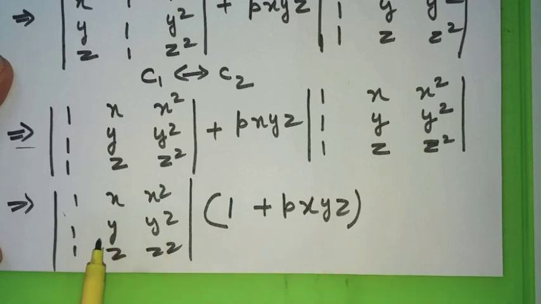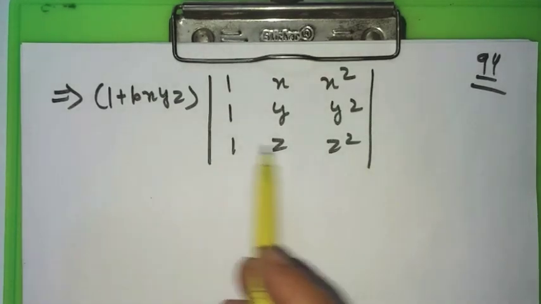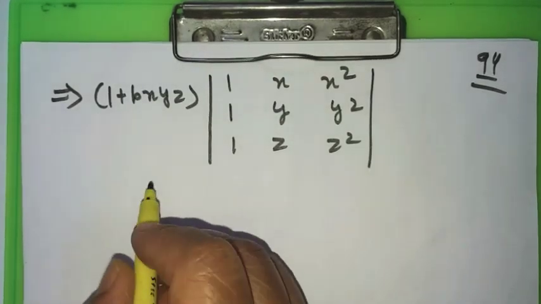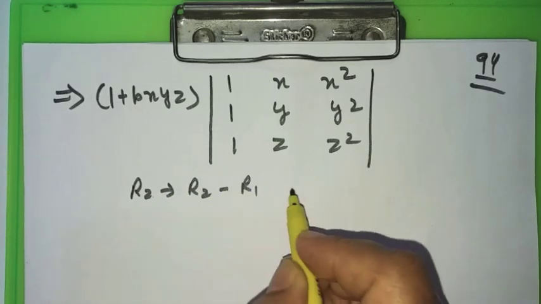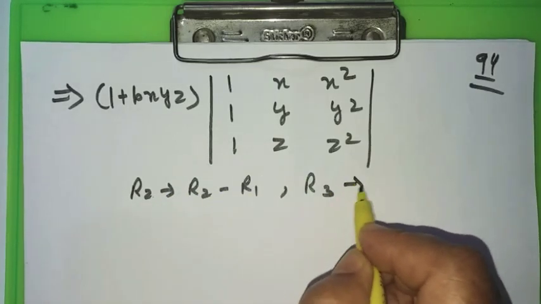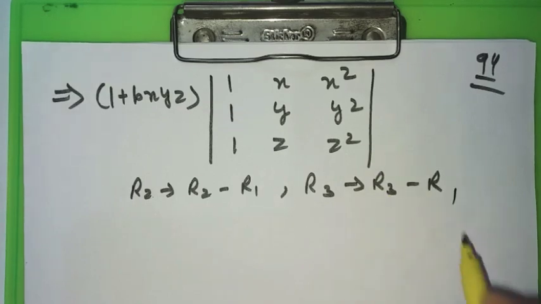Now our aim is to solve this determinant. To solve this determinant, I think the very obvious step is that from R2 I subtract R1, also from R3 I subtract R1.